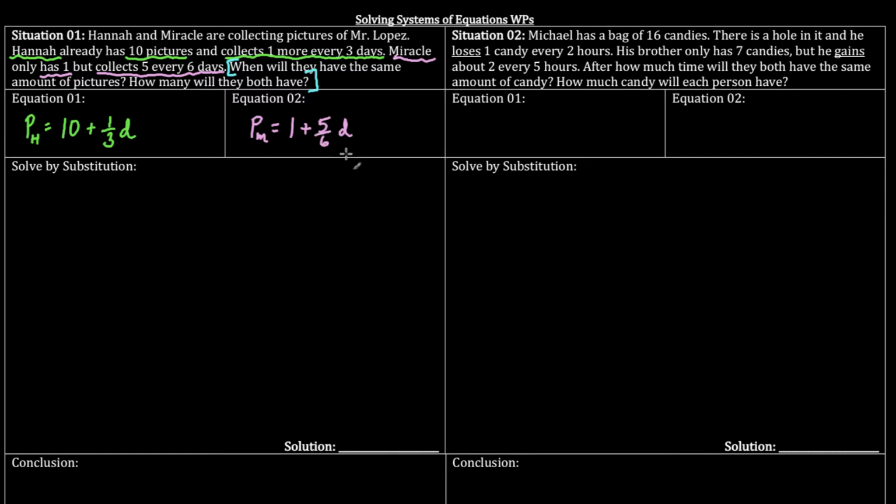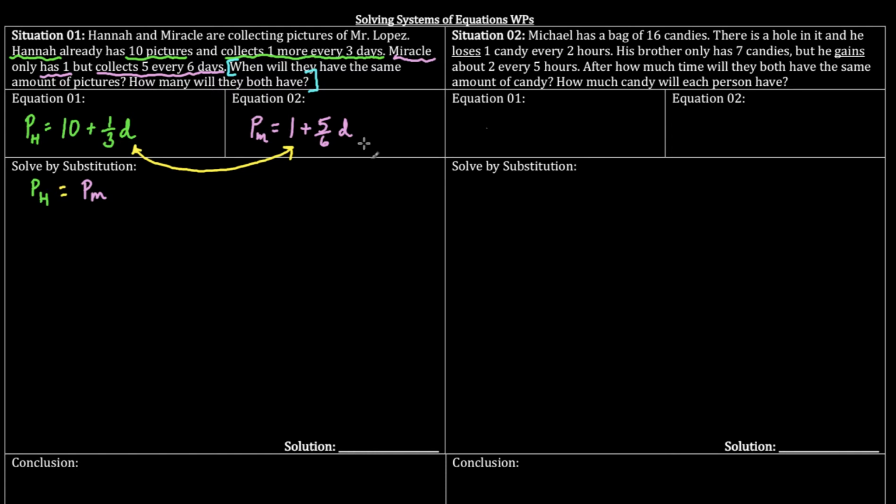So we want to know when these are equal to each other. We want to know when PH, pictures for Hannah, is equal to pictures that Miracle has.